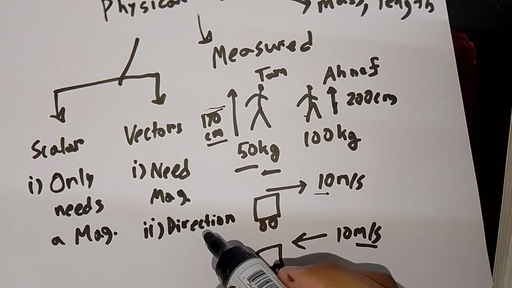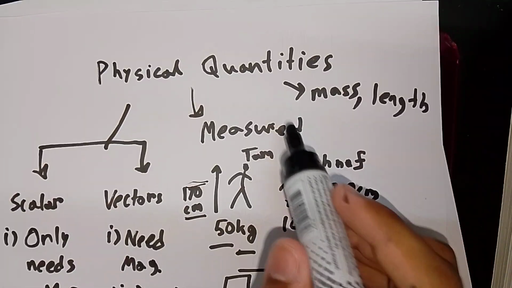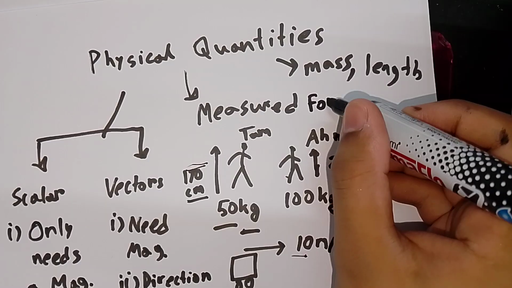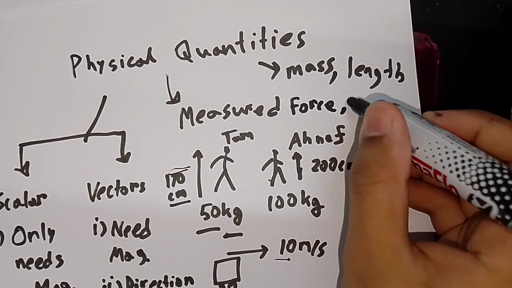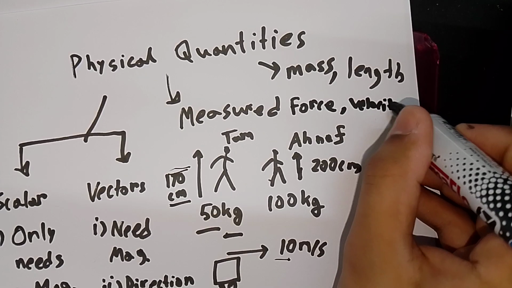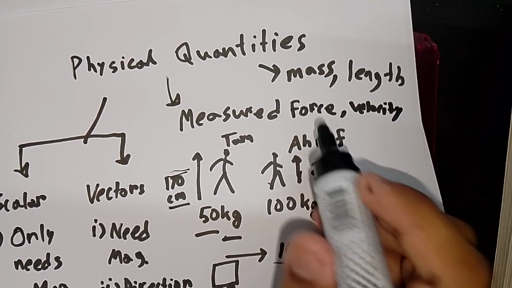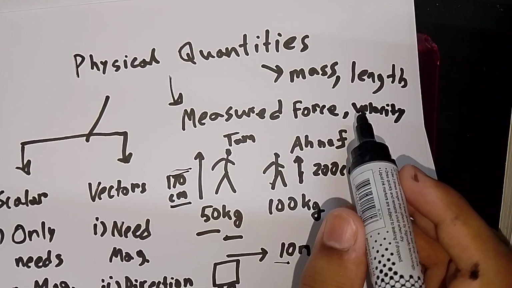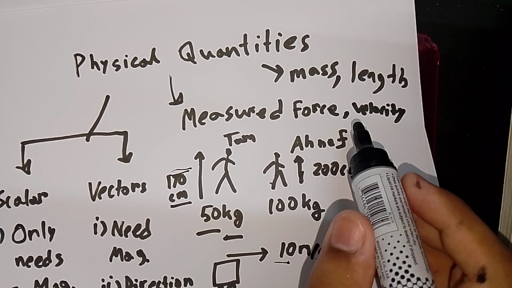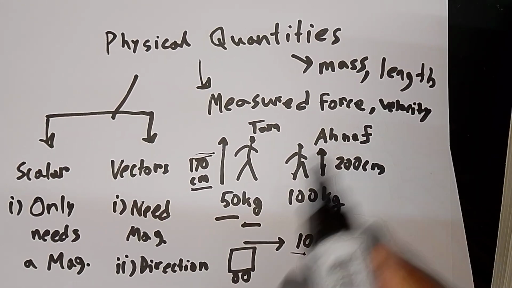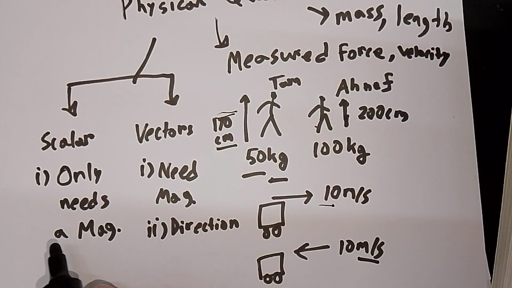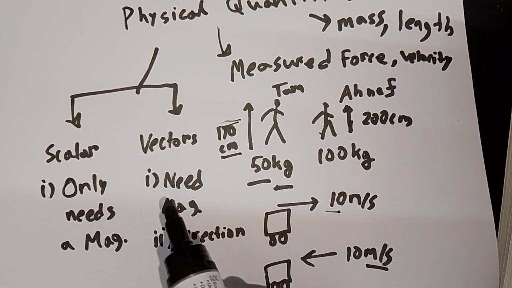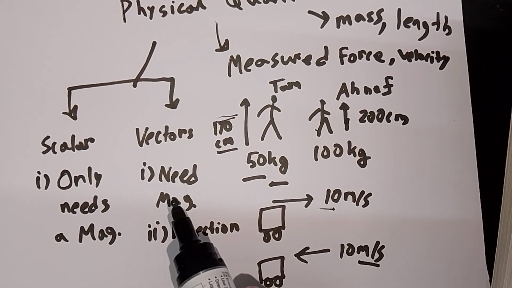So examples of scalars and vectors would be, here mass and length are scalars, and force or velocity or acceleration, these quantities would be vectors because they have both a magnitude and a direction. However, this isn't really enough to classify something as a scalar or a vector.